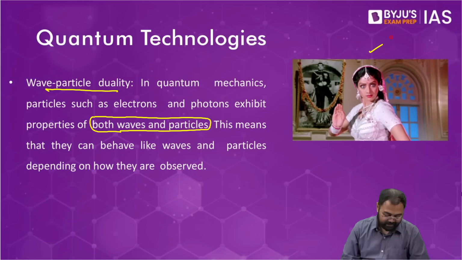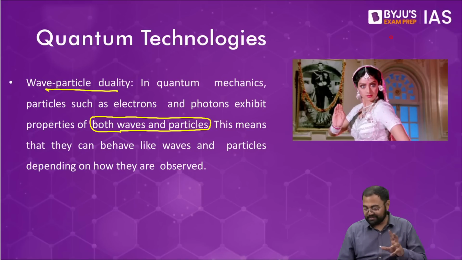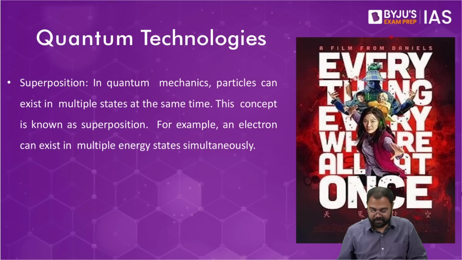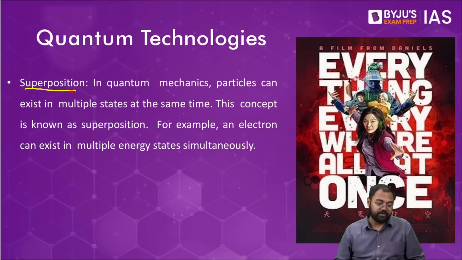So that basically is what we mean by wave particle duality, that she could exist like a wave and she could exist like a person, which you can say in a manner is the particle form of her. That's why just remember that these properties are actually possible in the case of the quantum particles.